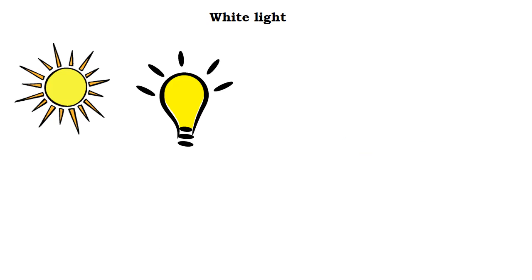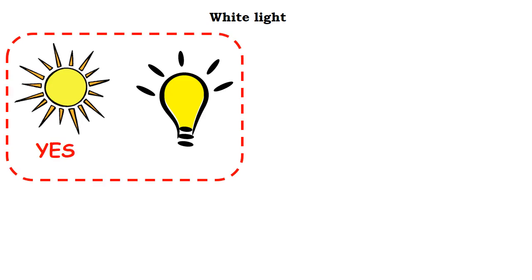So if we move on, I wanted to clarify the idea of an incandescent light bulb. White light sources would be, for example, the sun. If you look out the window using the spectroscope, of course it has to be daytime for you to do that, or if you look at an incandescent bulb, then these are definitely sources of white light and they would give you a continuous spectrum like you saw. However, not all light bulbs are incandescent bulbs.